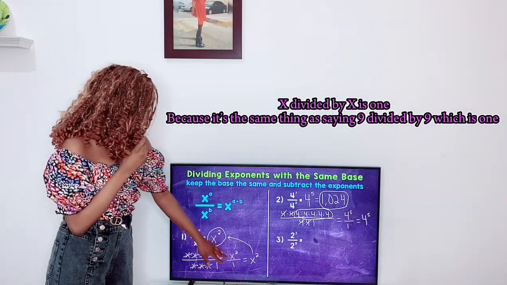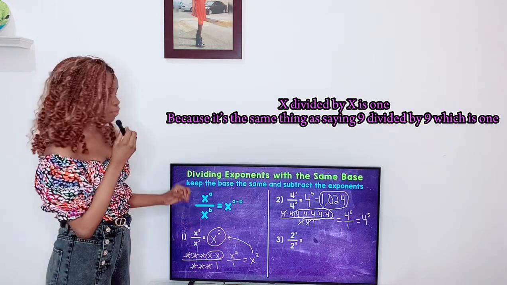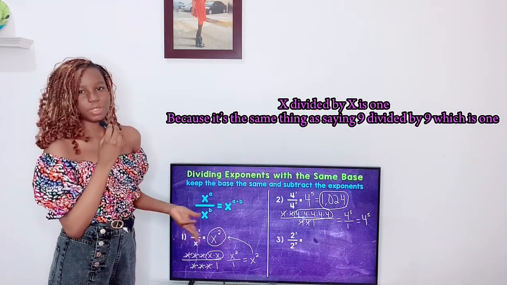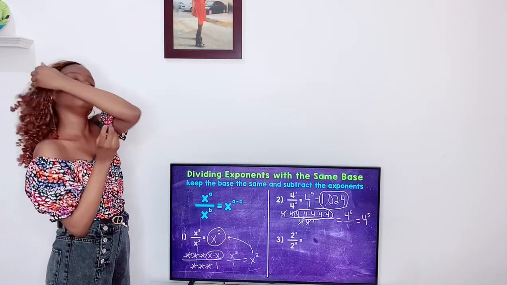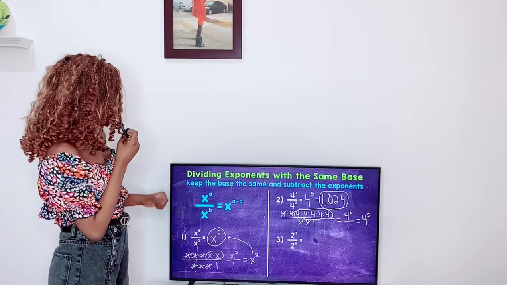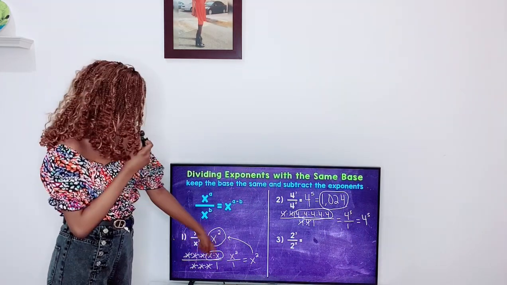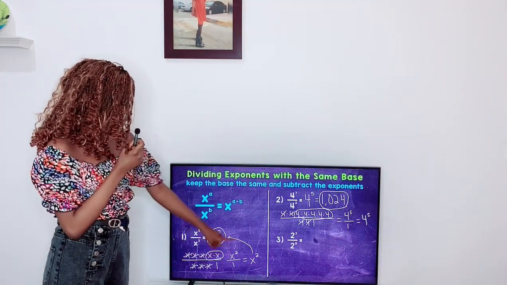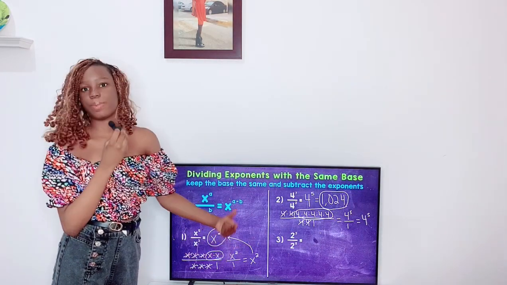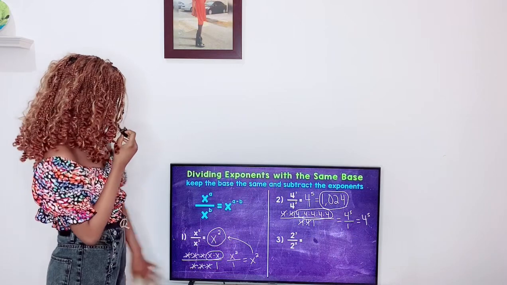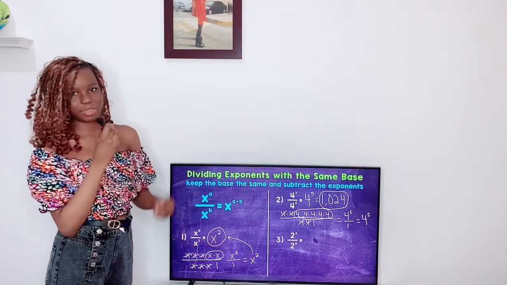And as you can see, we have 2 more x's in the top row, okay? So you can see where I'm going with this, right? Hopefully. So we have 2 x's on top, which is basically x raised to the power of 2 over 1, which is basically just x raised to the power of 2. So as you can see, that is our answer.